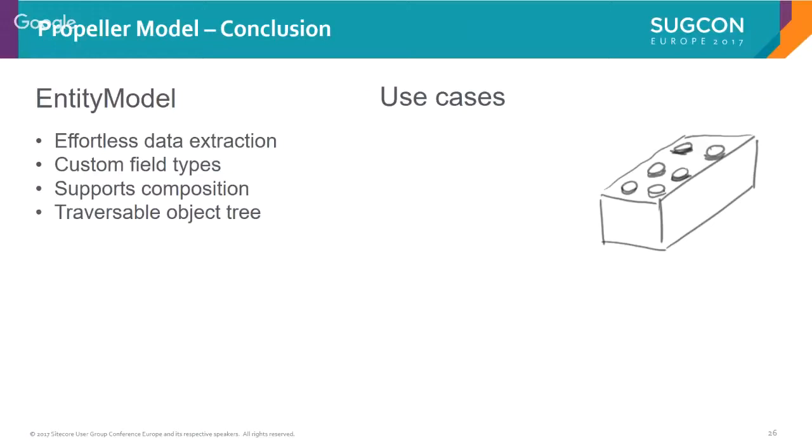Use cases for the entity model are typically modern front end. Quite often our front-end developers come to me and ask, we just want this URL for the picture, or can you just output it as raw data in a blob on the site. And that's where this is really useful.